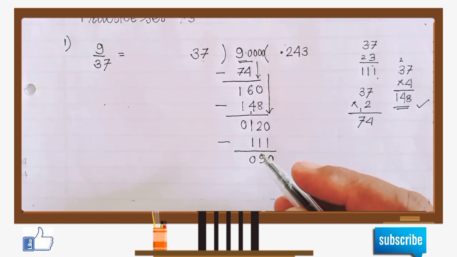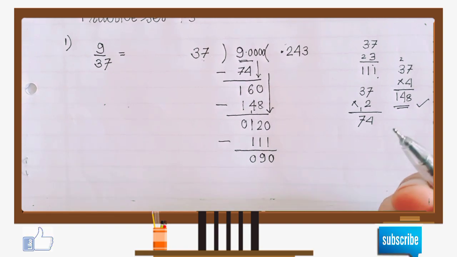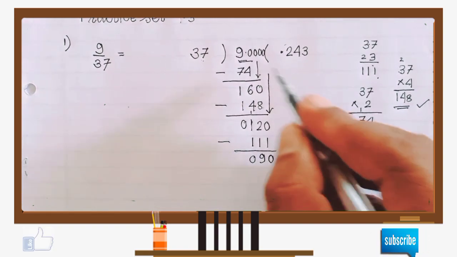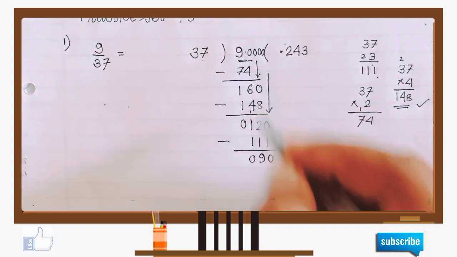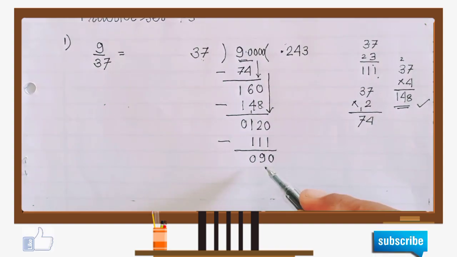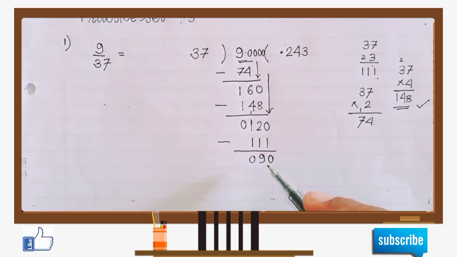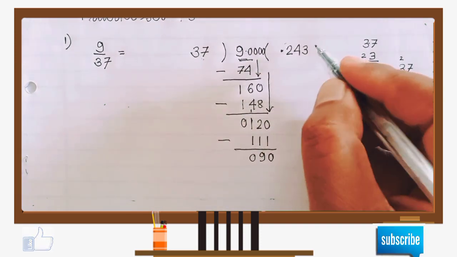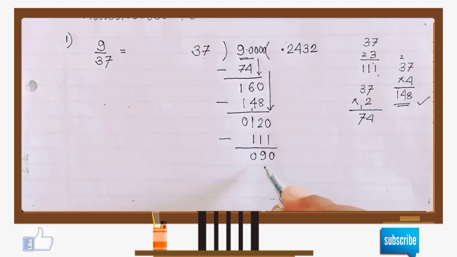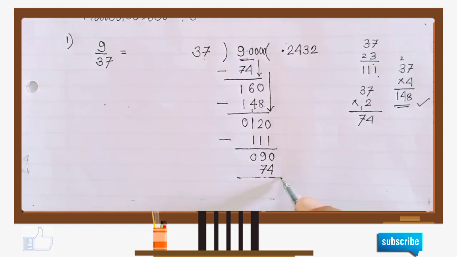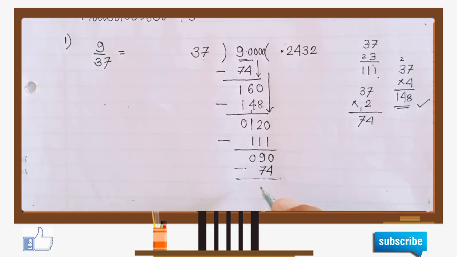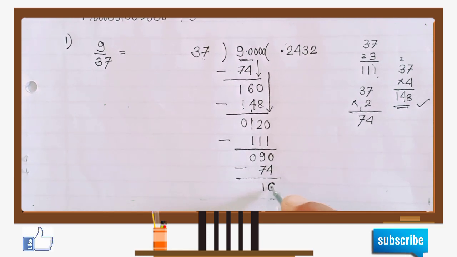Now again you make a multiplication: 37 into 2 is 74. Make the subtraction, it is 16.